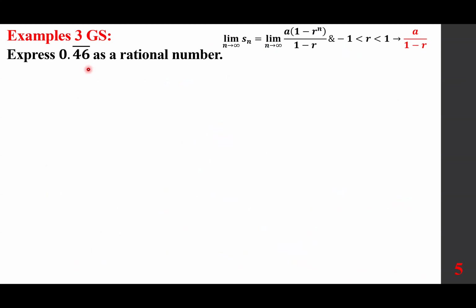Express 0.46 bar as a rational number. We are going to use the methodology of geometric sequences and geometric series, although there are other methods algebraically. So first, this is a repeating decimal, 0.46 and 46 repeats.